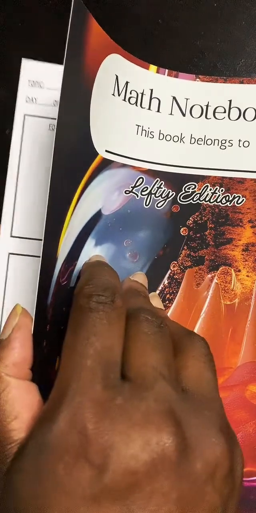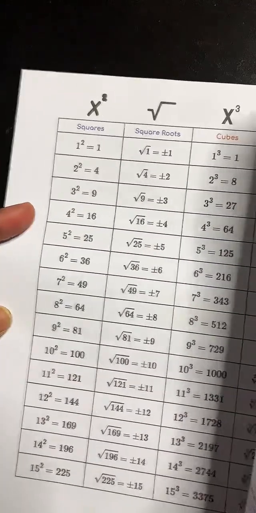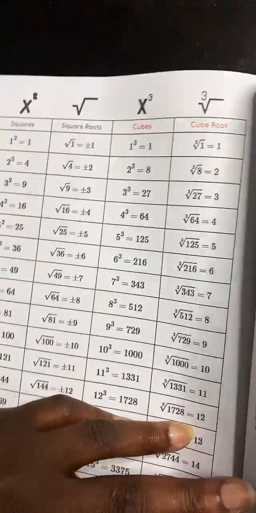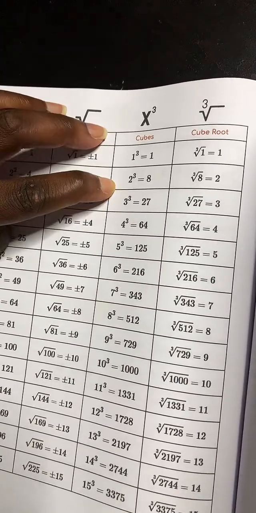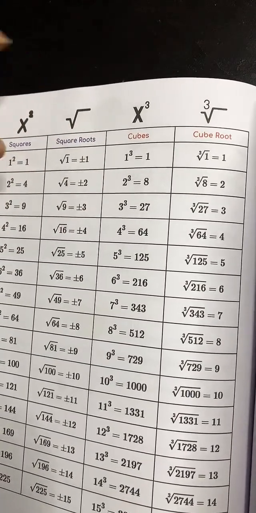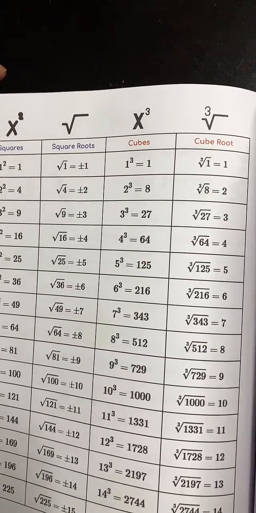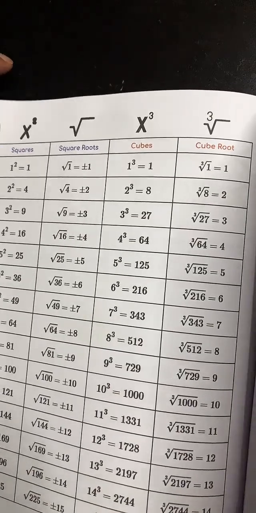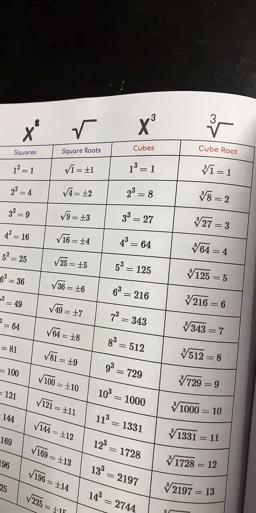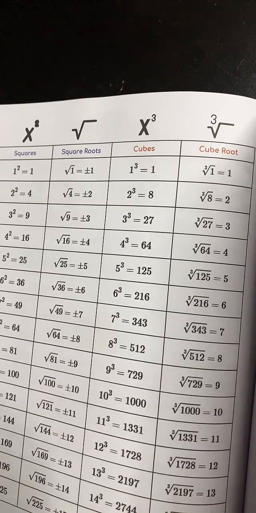Have I put the cubic formula? I have my cubes. If you're talking about the sum and difference of cubes, that is in Algebra 2 and Pre-Calculus 1. So like (a plus b) squared equals a squared plus 2ab plus b squared, all that fun stuff.